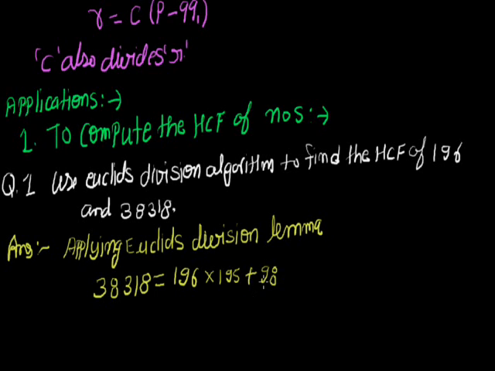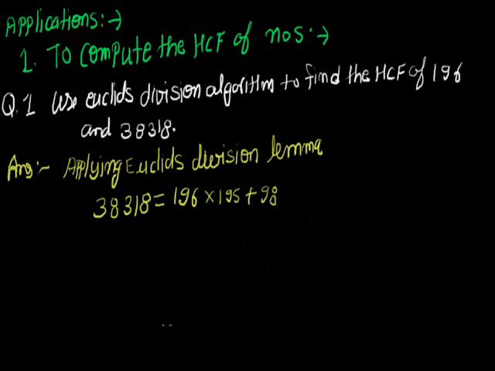Now in the second step, the divisor of the first step becomes the dividend for the next step, and the remainder in the first case will be the divisor in the second case. So when 196 is divided by 98, the quotient is 2 and the remainder comes out to be 0.